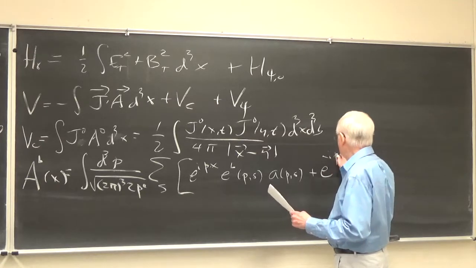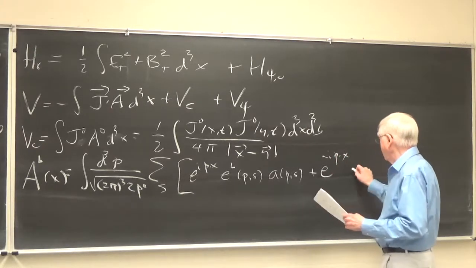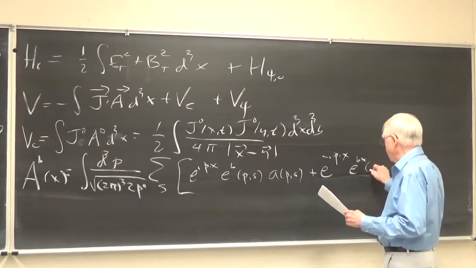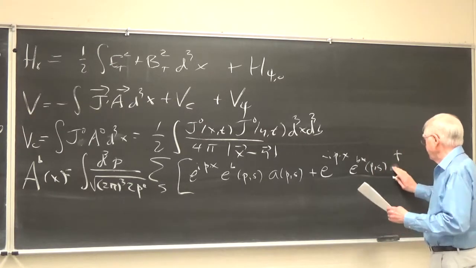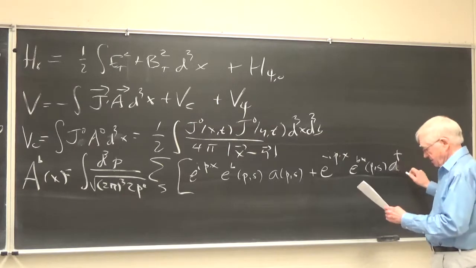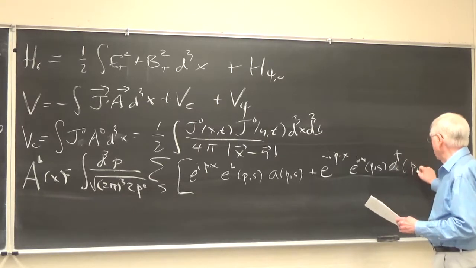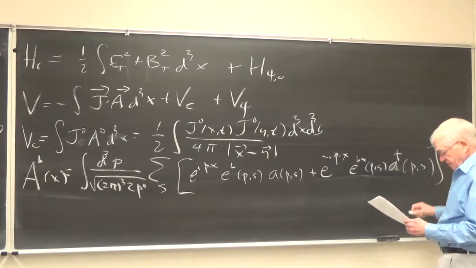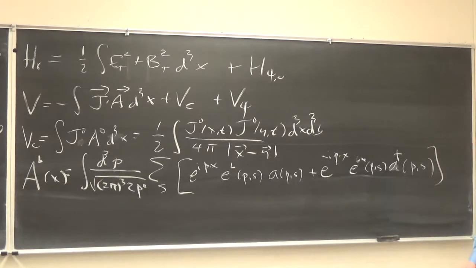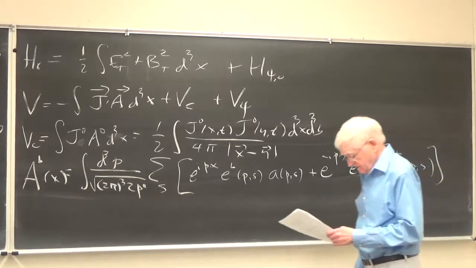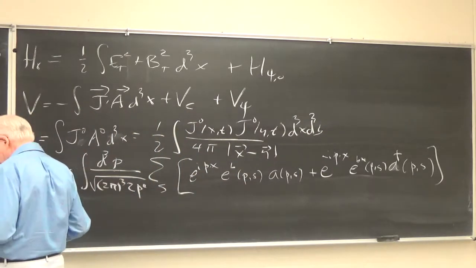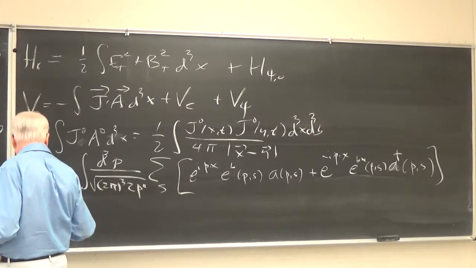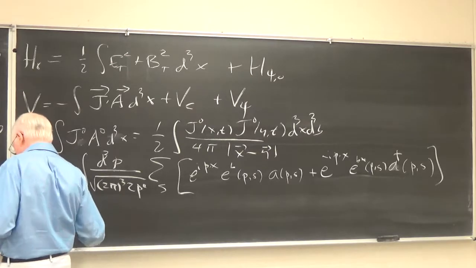And then the creation part, e_b complex conjugate of p and s, times a dagger. For the moment I was talking about fermions. Okay, so that's our electromagnetic field.